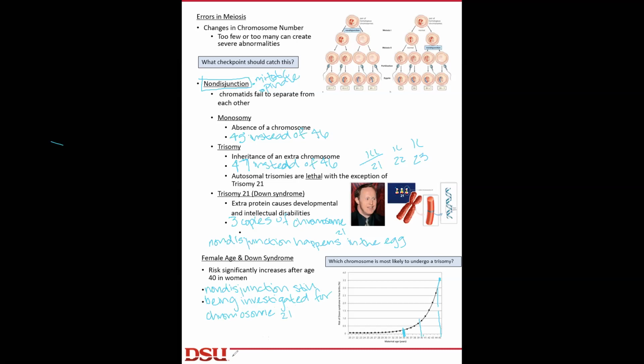And again, perhaps due to the age of the egg, and being in suspended meiosis for so long.